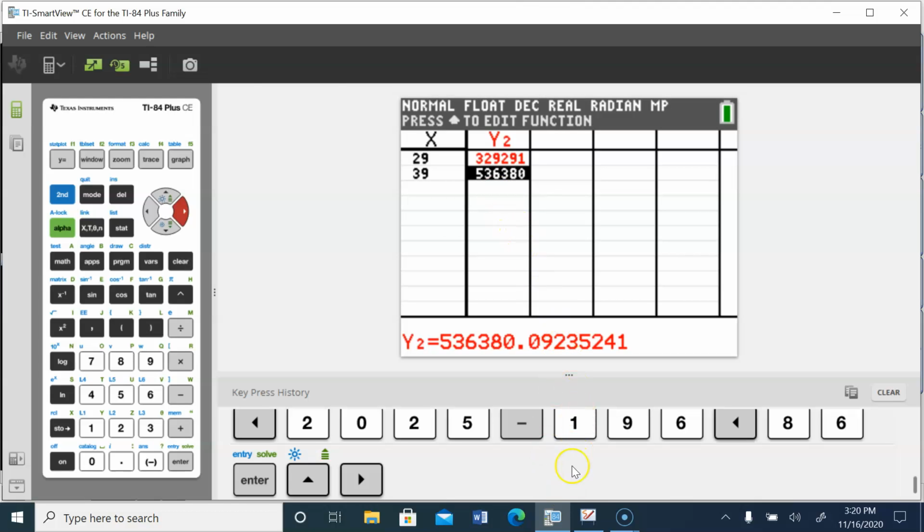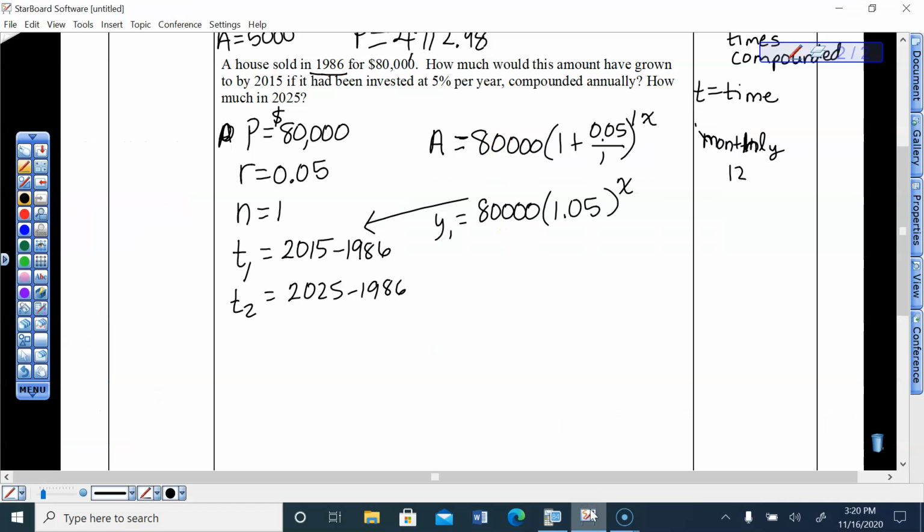And so those would be your two values there. So we will record these. Your amount at 29 years, which is this time here, was $329,290.85. And then your amount here, which is at 39 years.